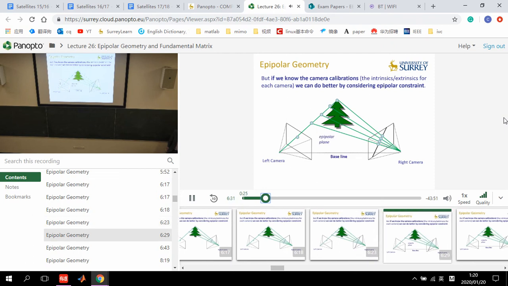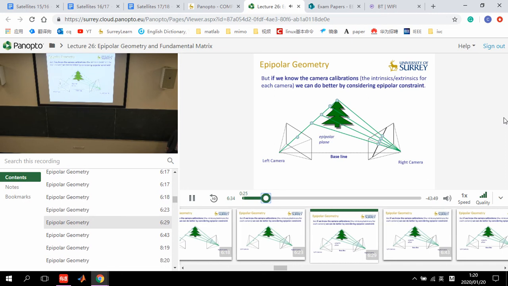So a point imaged in the left-hand camera corresponds to a line of possible locations from the viewpoint of the right-hand camera. And if we add an extra line into our construction here, which we're going to call the baseline, which is simply the line that connects in 3D the two focal points of the cameras, then what we're tracing out here is a plane, a triangle in 3D space that we call the epipolar plane.